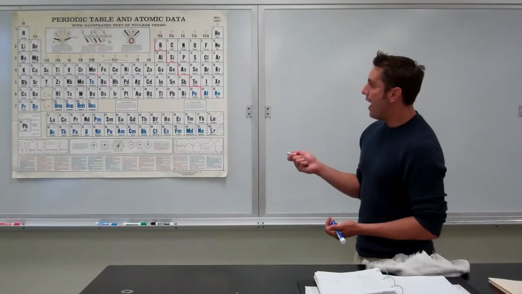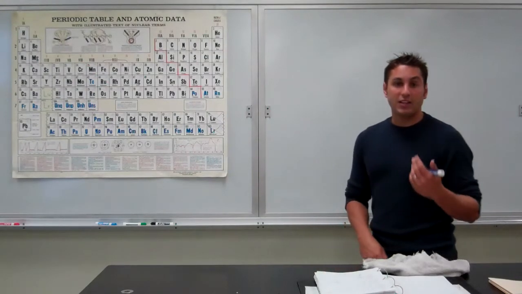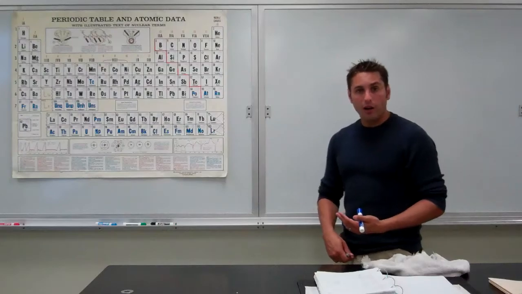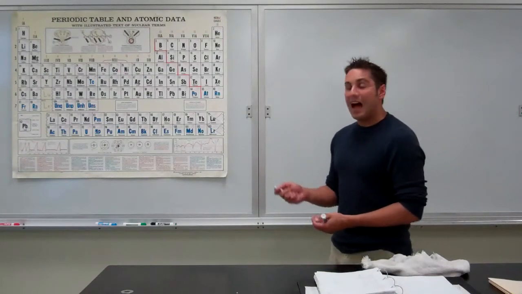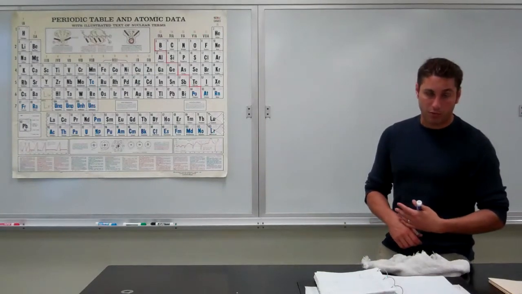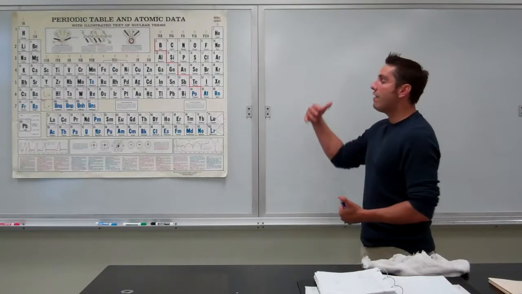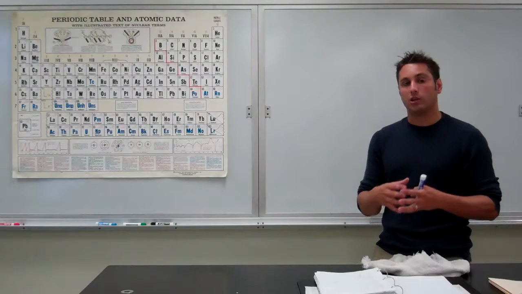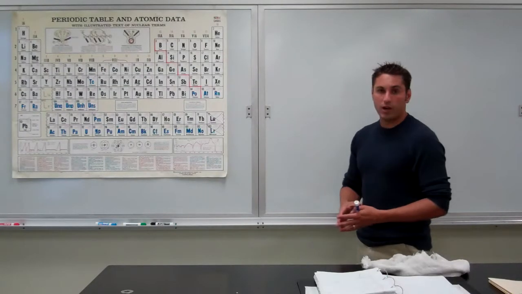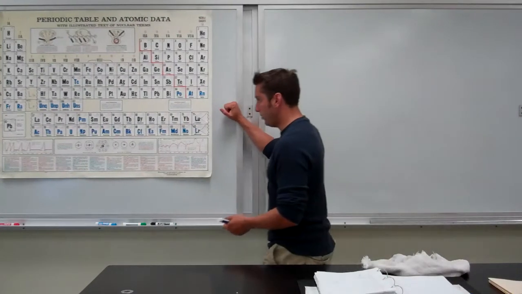Something like manganese can be manganese 2, manganese 4. So there are different charges. Iron can be +2 or +3. Because there are multiple charges that they can have, we have Roman numerals that tell us what particular charge we are working with for a transition metal.